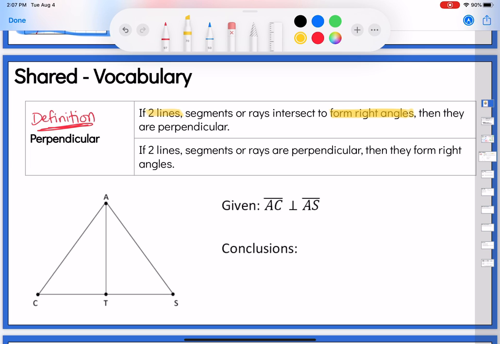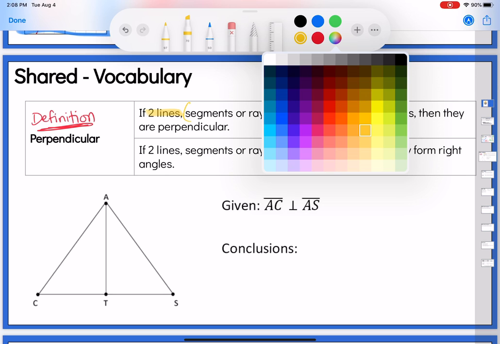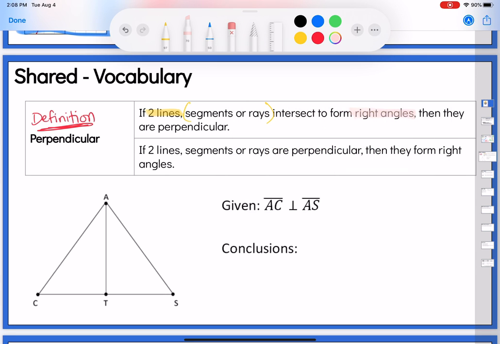So these words, two lines, can be swapped out with any one of these other words, segments or rays, right? So we don't use all three of them when we write this down in a proof. If two lines intersect to form right angles, so again here, this can be swapped out, right?